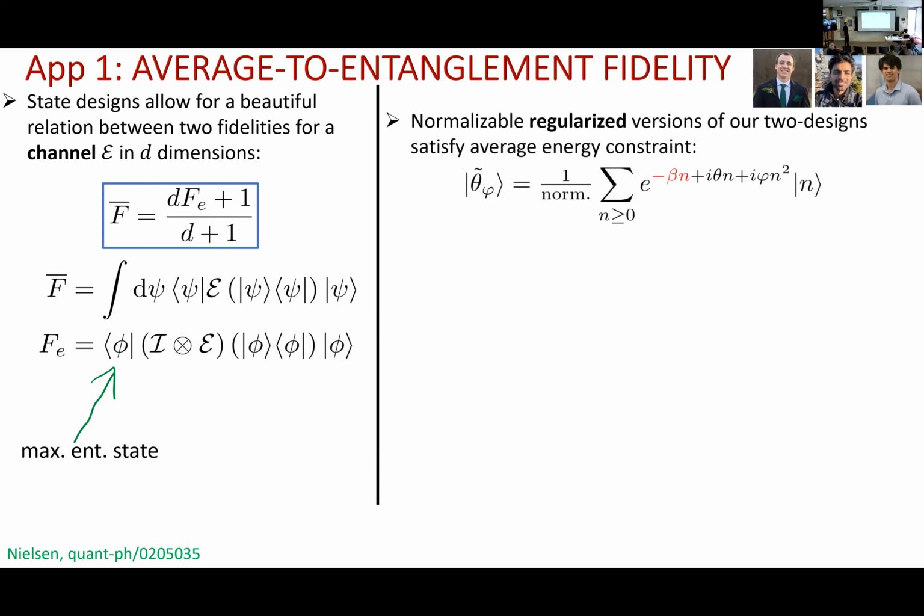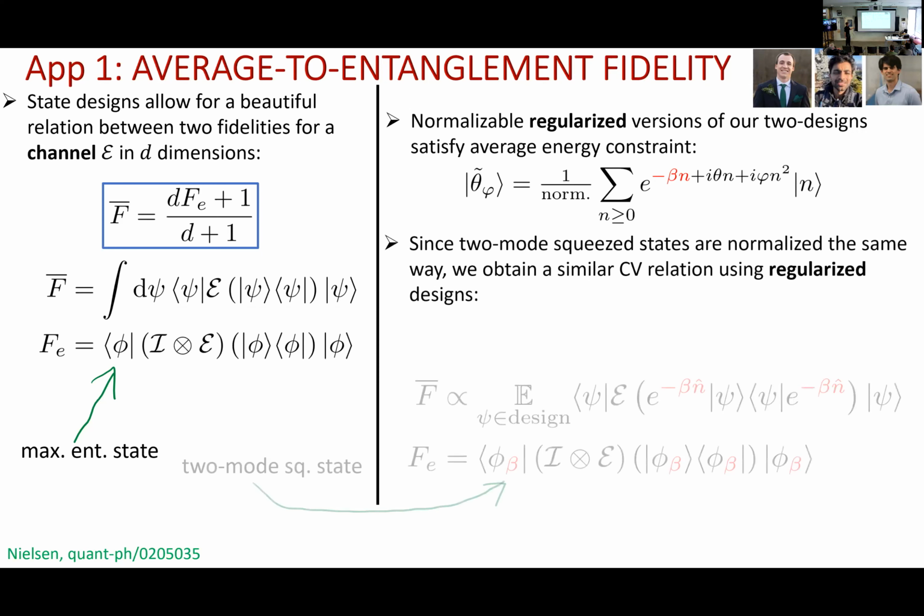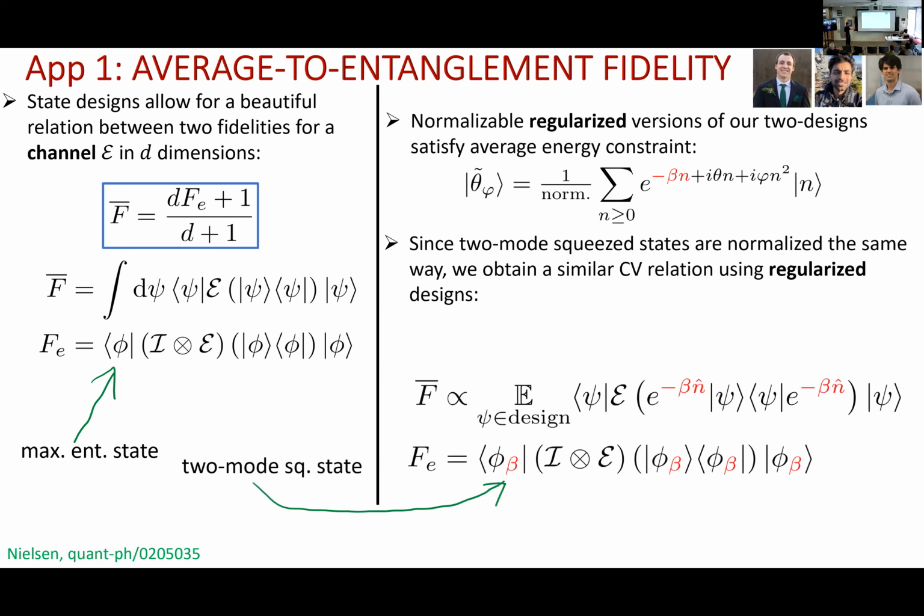And we can do the same thing for this case. Let us normalize these things a little bit, because there is already a notion of entanglement fidelity for continuous variable systems that utilizes a state that is maximally entangled, called a 2-mode squeezed state. At infinite squeezing, this becomes an analog of this one, but it's not normalizable.